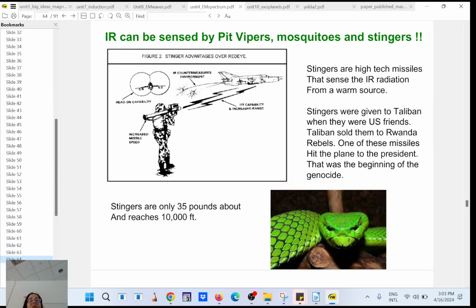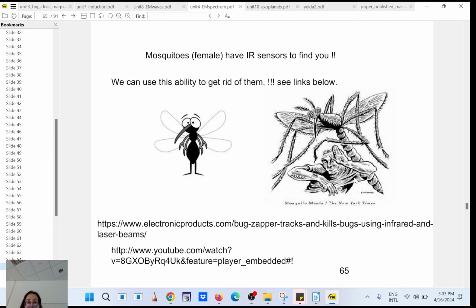So the US gave the Taliban stingers, and on the black market, they ended up in Rwanda. And one of those stingers shot down the plane of the president back then, and it started the genocide. So the story is like a little butterfly flapping its wings in one place can make a hurricane at another place. Well, that's from the book.